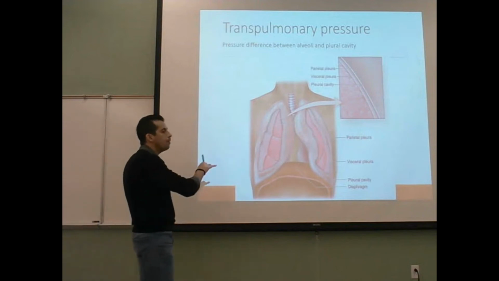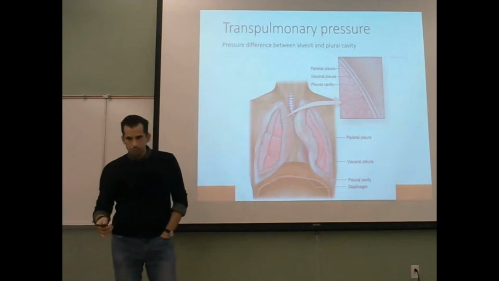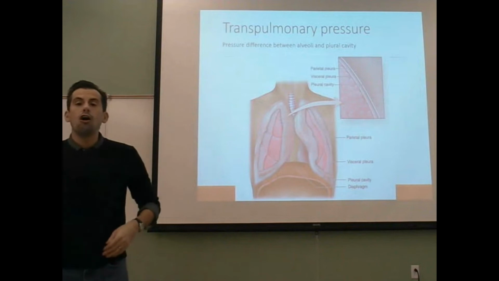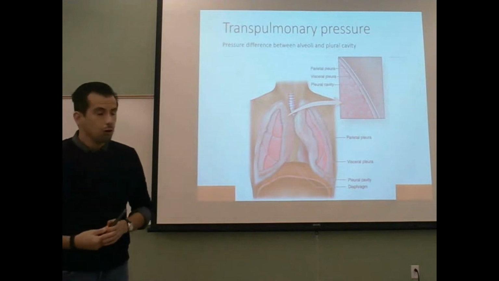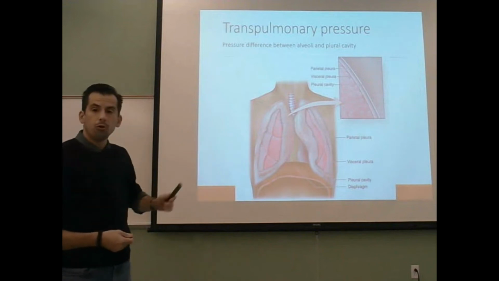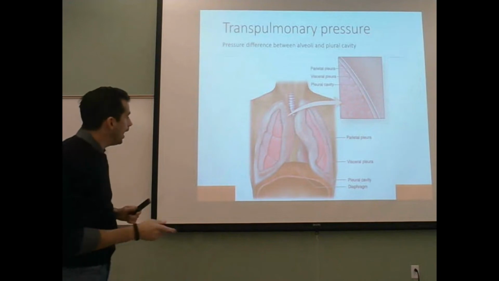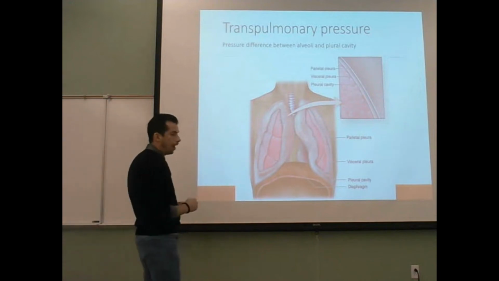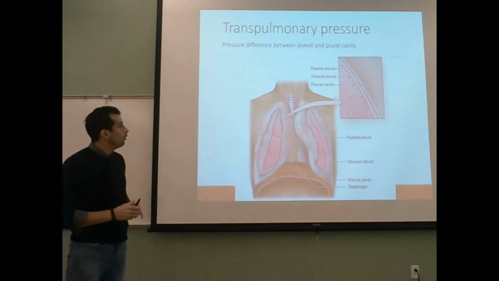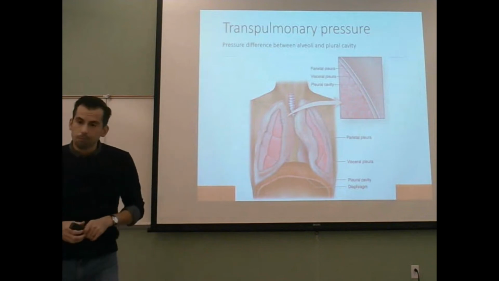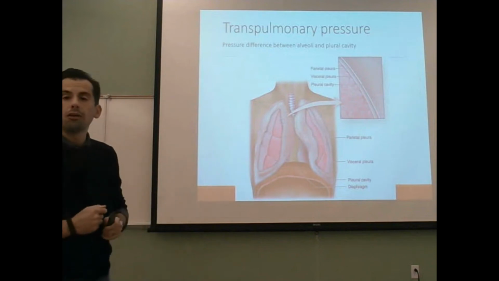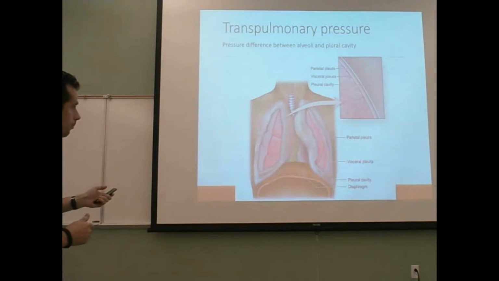In order for rib and diaphragm mechanics to translate into lung tissue expansion and contraction, we need an intact pleural cavity. And within that intact pleural cavity, we see what's called a transpulmonary pressure exerted. That's what allows us to connect the dots.